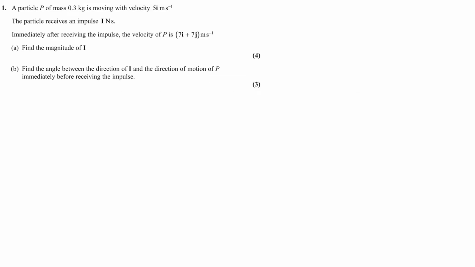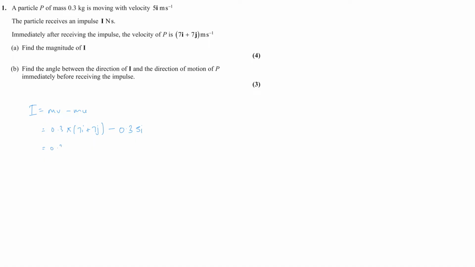Okay, first question is impulse. So impulse equals mv minus mu, or the change in momentum. So that is 0.3 multiplied by 7i plus 7j, minus 0.3 multiplied by 5i.